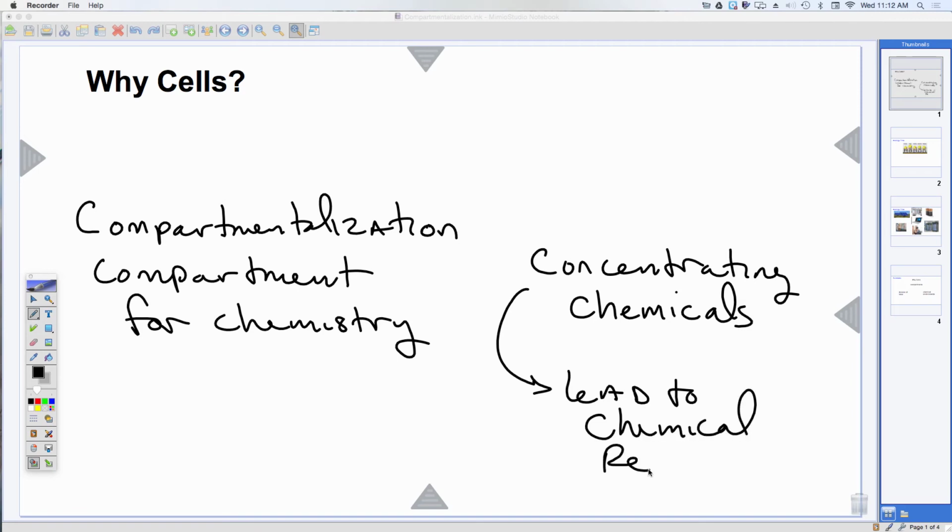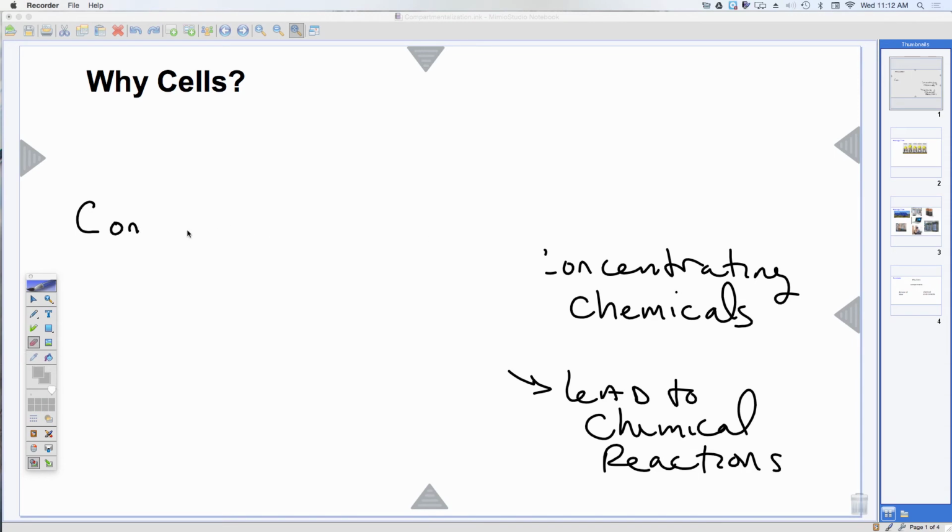If you've had a chemistry class, one of the things you learn is that when more reactants are added, the chemical reaction seems to proceed faster until it reaches some limit, some equilibrium point. So we want to look at why cells exist and what's going on with that compartmentalization.